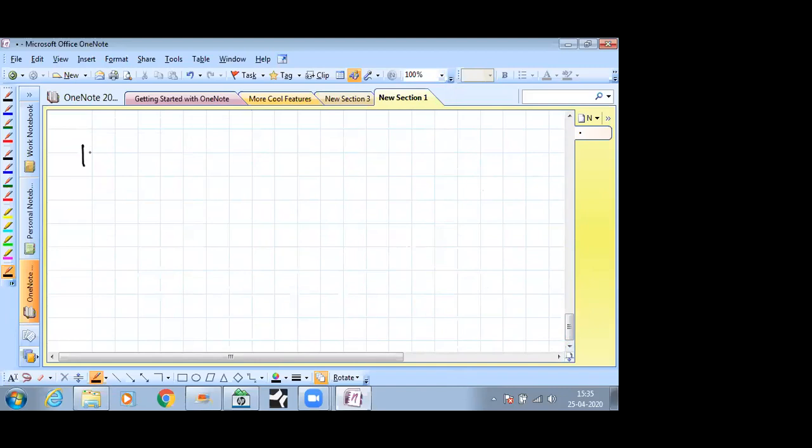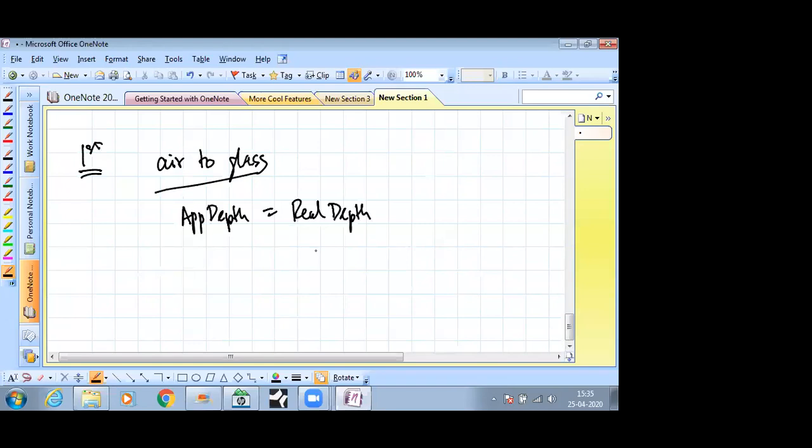Okay, so for the first refraction, what is happening? It is air to glass. So the formula will be that the apparent depth should be equal to the real depth divided by the refractive index of air with respect to glass, because it is from air to glass. Remember like that.